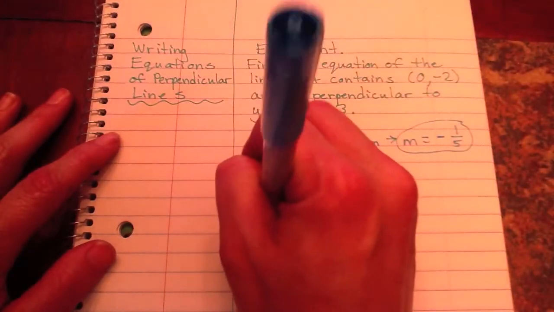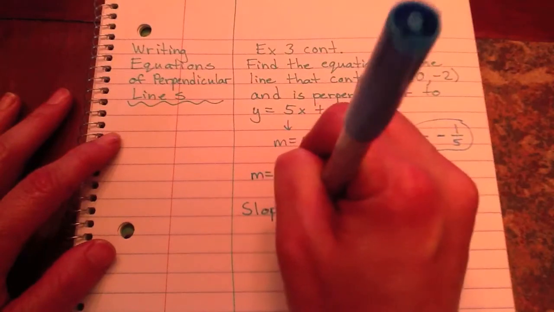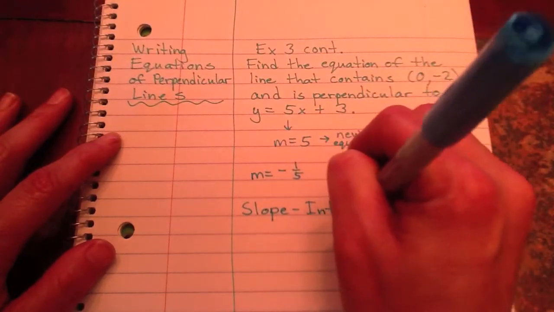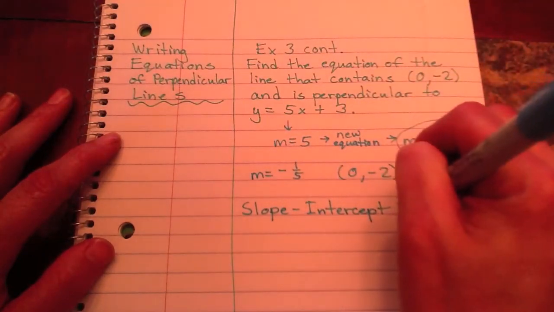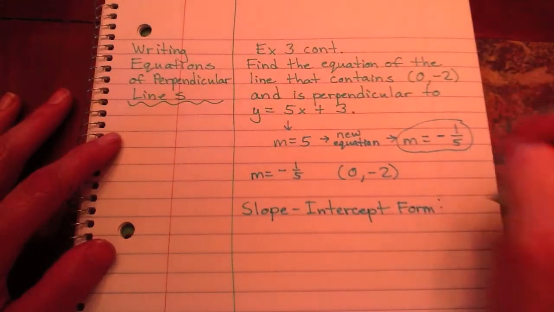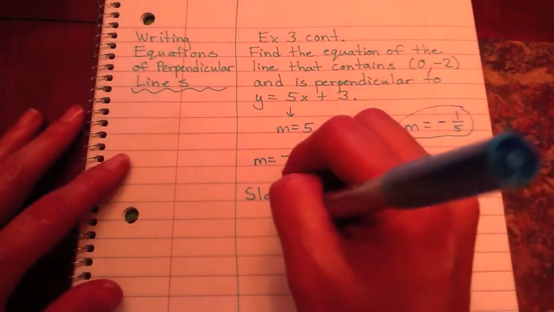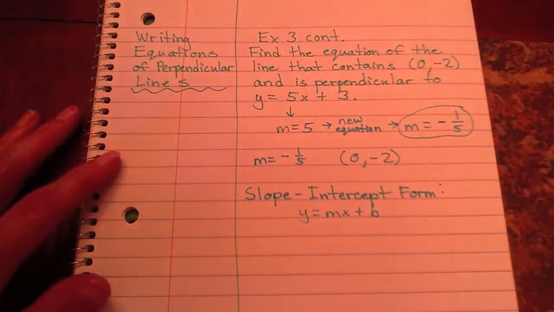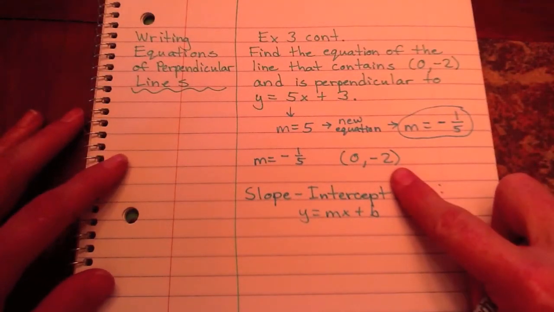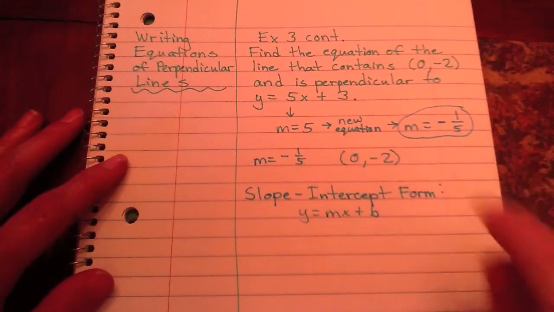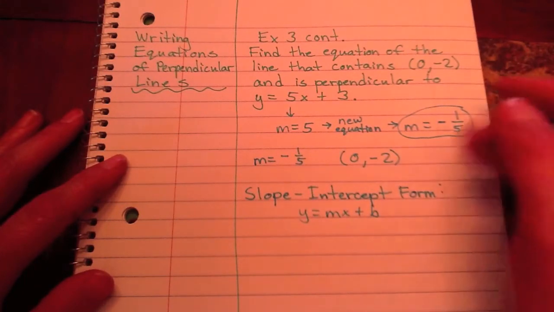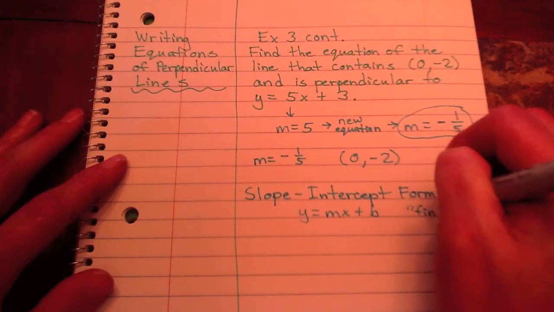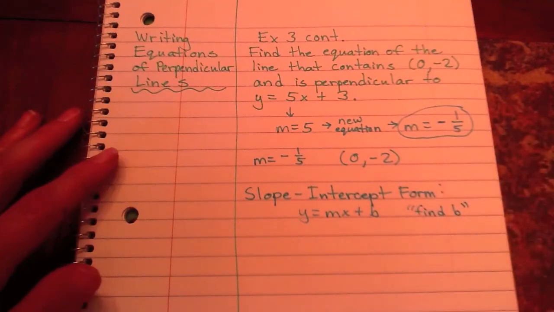First way we're going to look at it is in slope-intercept form, which remember is y equals mx plus b. So there's my y, there's my x, there's my m. I'm solving for b. So you're finding b.